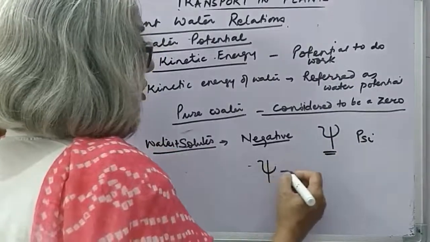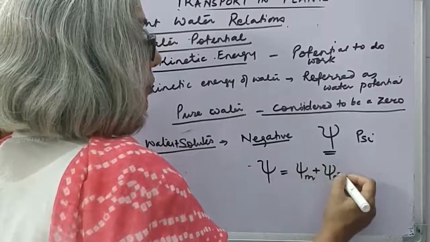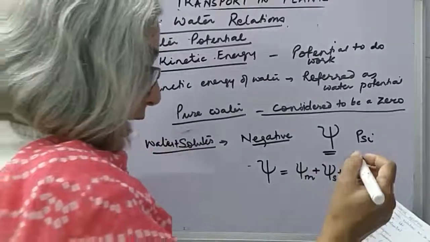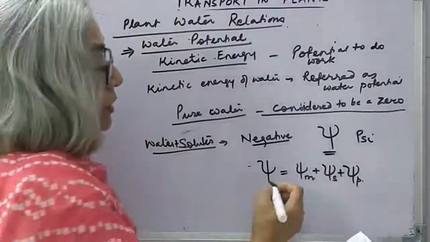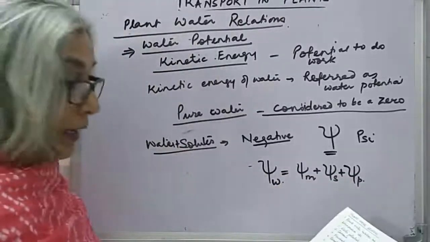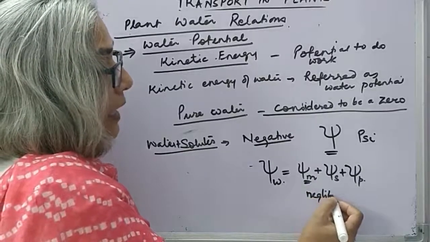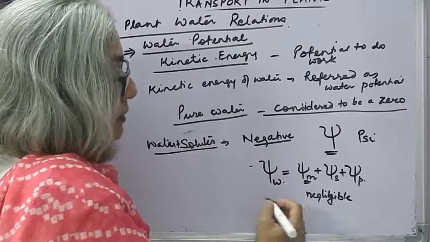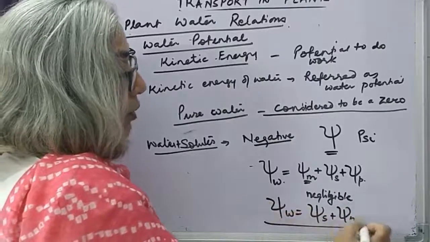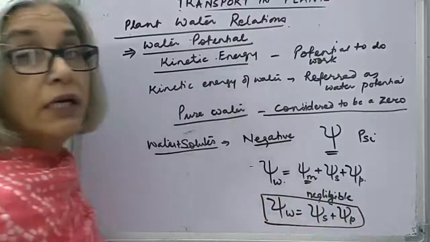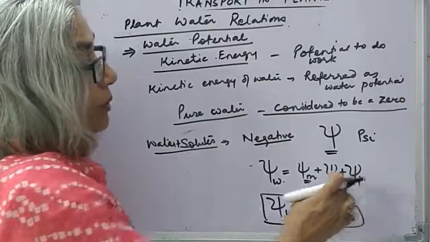And water potential psi is equal to the matrix potential, the solute potential, and the hydrostatic pressure. These three things make up the water potential. And basically this matrix potential is considered to be negligible. Why negligible? I will tell you in 1 minute. So we say that water potential is equal to solute potential plus the hydrostatic pressure, which is generally equal to the wall pressure.